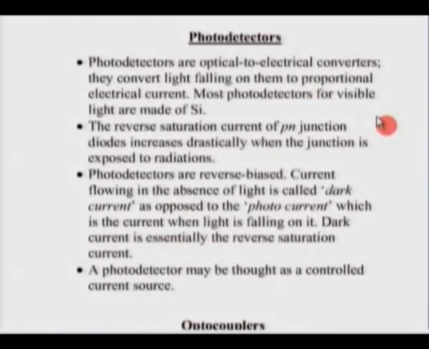Then we talked about photodetectors, which are nothing but reverse biased PN junctions where the junction is exposed to light, and you would generally find photodetectors with a quartz window. They have what is called dark current, which is nothing but the reverse saturation current, and also a photocurrent, which is the current caused by light, and the photocurrent is directly proportional to the light falling on it.